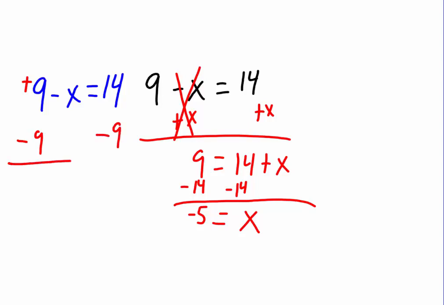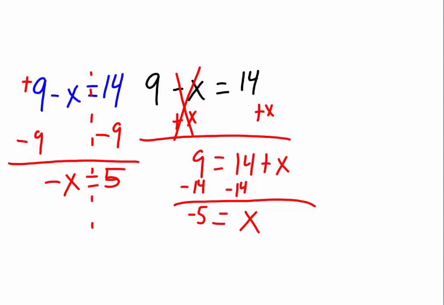And if we subtract 9 from both sides, I'm going to go dot, dot, dot, dot, dot here. I end up with a negative x, because that minus sign is the same as a negative. So negative x, 14 minus 9 is equal to a positive 5.